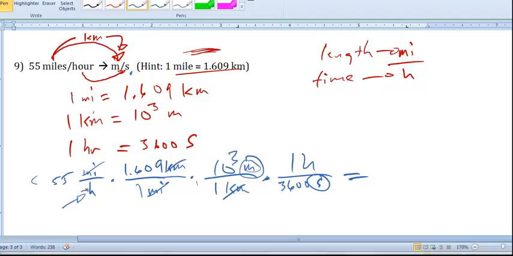So now these guys cancel, all right? And let's crank this through. That's 55 times 1.609 times 10 to the third, which is 1,000, divided by 3,600, and I get 24.6, basically. 24.6, and that's meters per second.